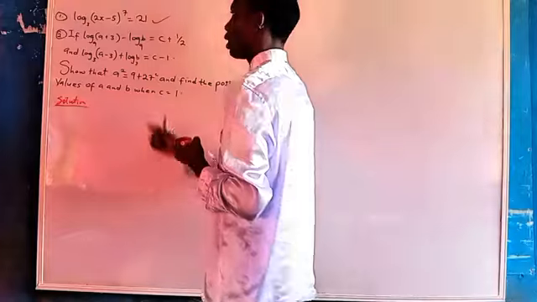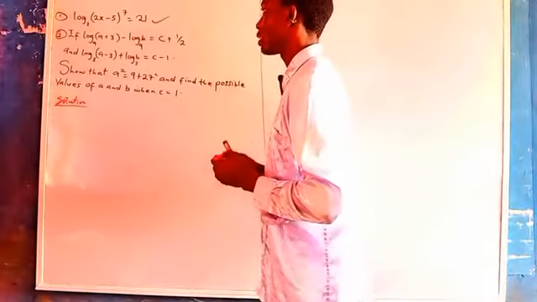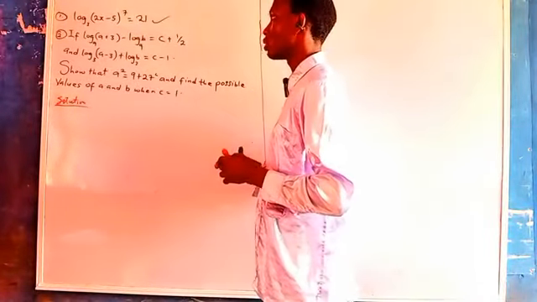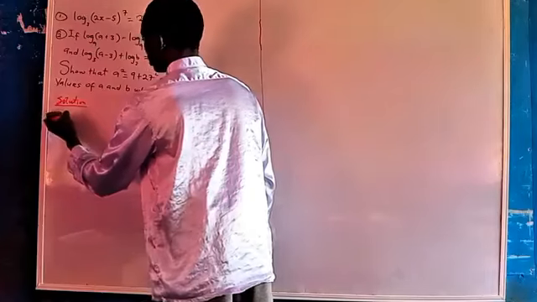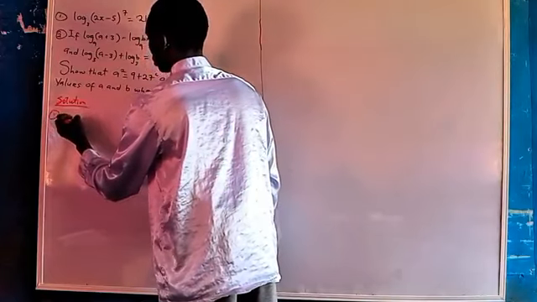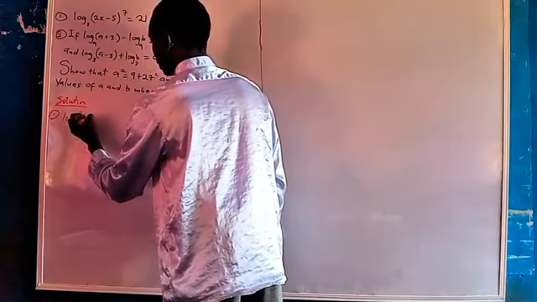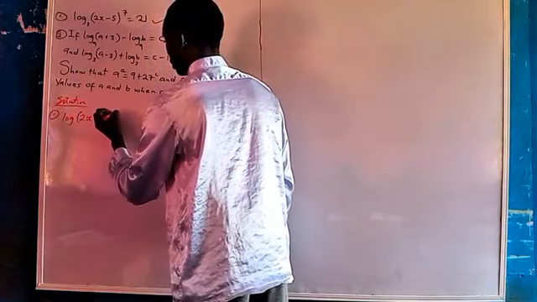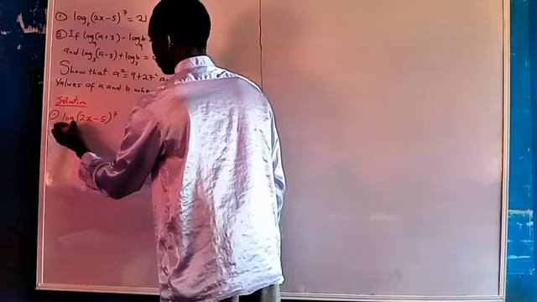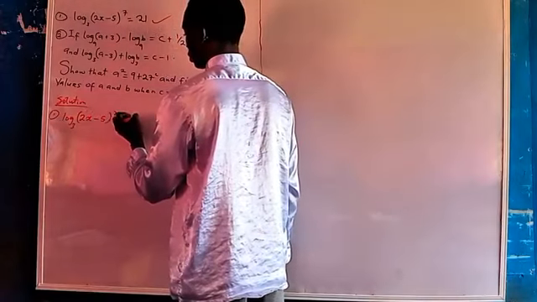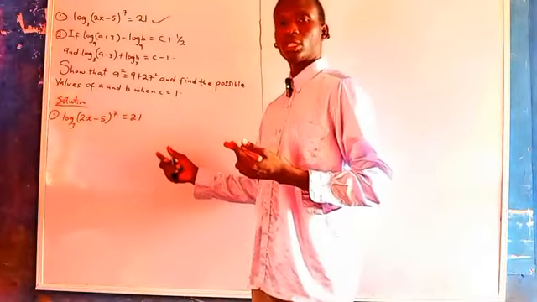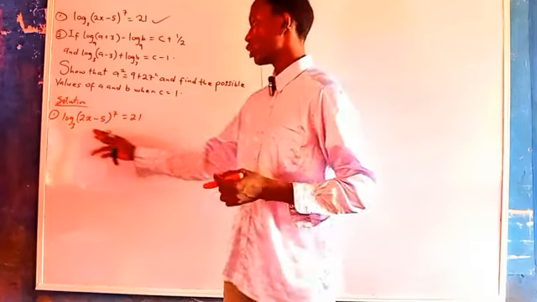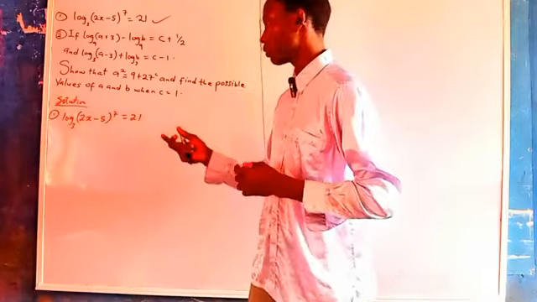All right, now having log of (2x minus 5) to the power of 7, base 3, equals 21. So let me rewrite that: log of (2x minus 5) to the power of 7, base 3, equals 21. Now don't forget that the law of logarithm allows us to take the exponent to the front.